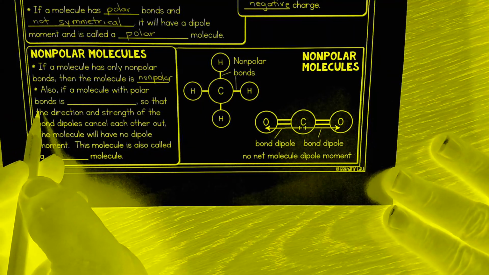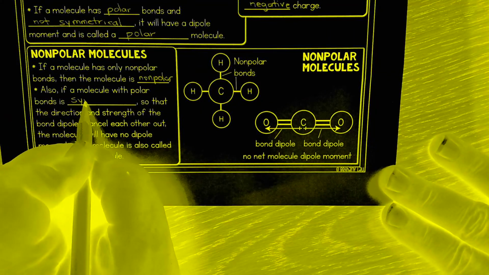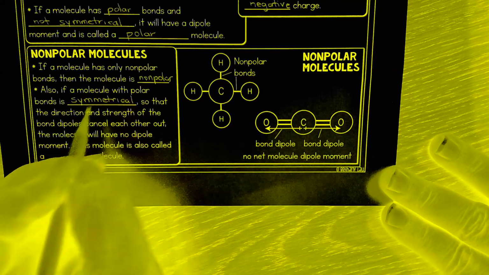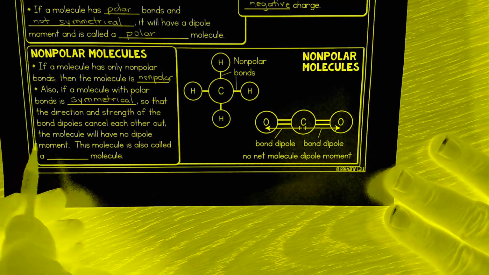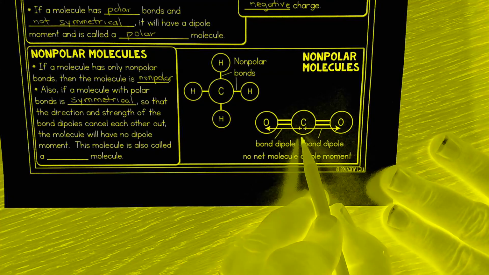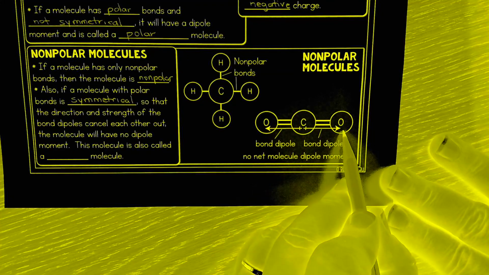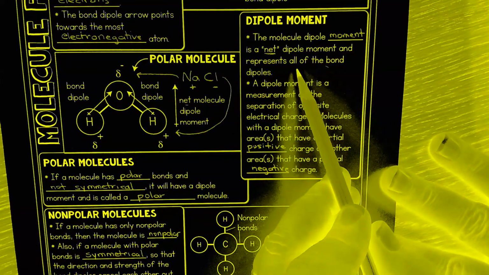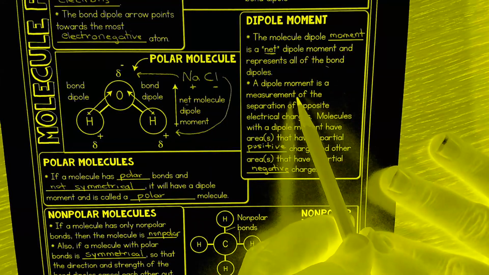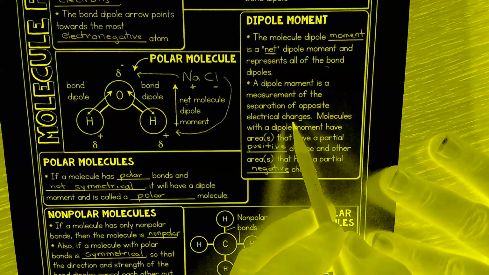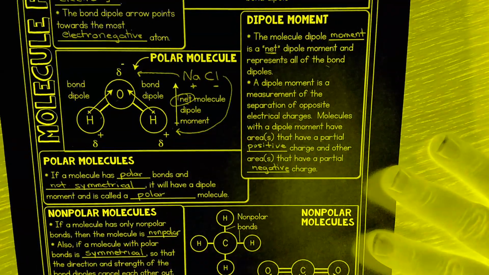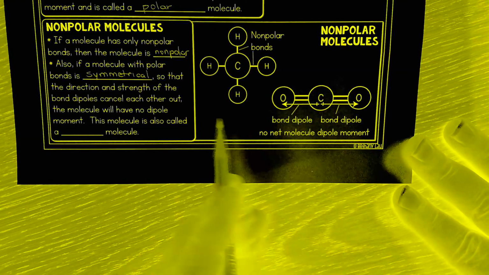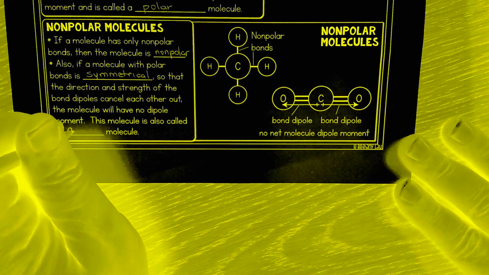Also, if a molecule with polar bonds is symmetrical, those directions cancel each other out. You see that? One going that way, one going that way. Remember we talked about the net. It had to be the net. So when you add these two together, they cancel each other out, right? So these are nonpolar molecules.